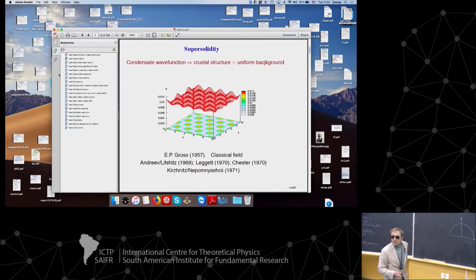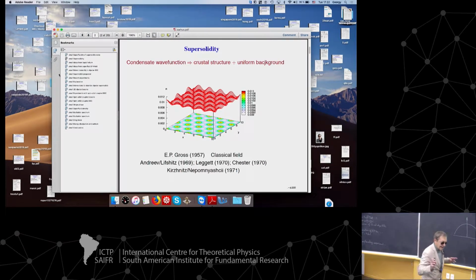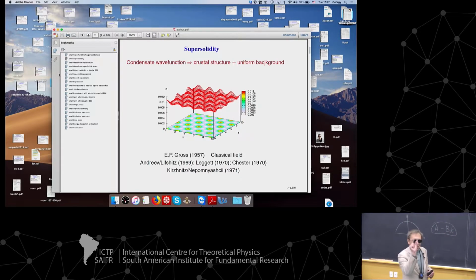So is it a short-range interaction or long-range? Of course, if it is just short-range interaction, just constant, then you don't get supersolid state. It's constant plus something. So it's not simply a short-range interaction. There should be an interaction tail.